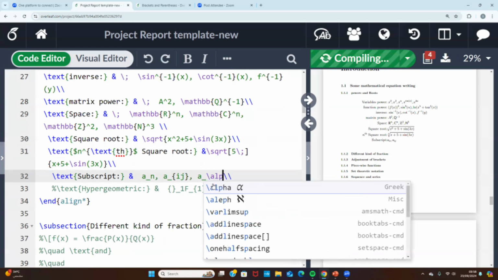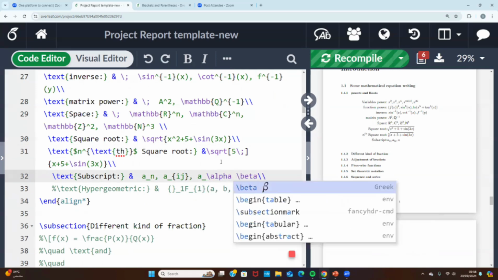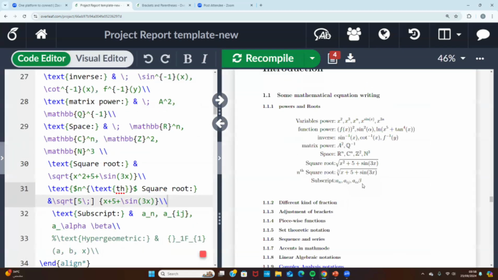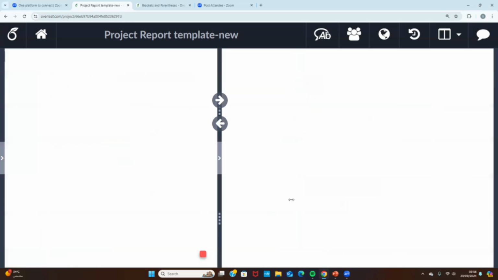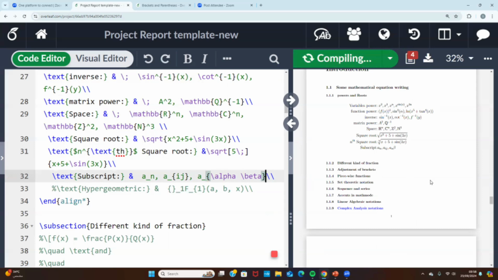If you want alpha beta and you don't put the bracket, it will become like this. But if you want alpha beta also in the subscript, you should put the bracket here, to direct that everything should be in the subscript.